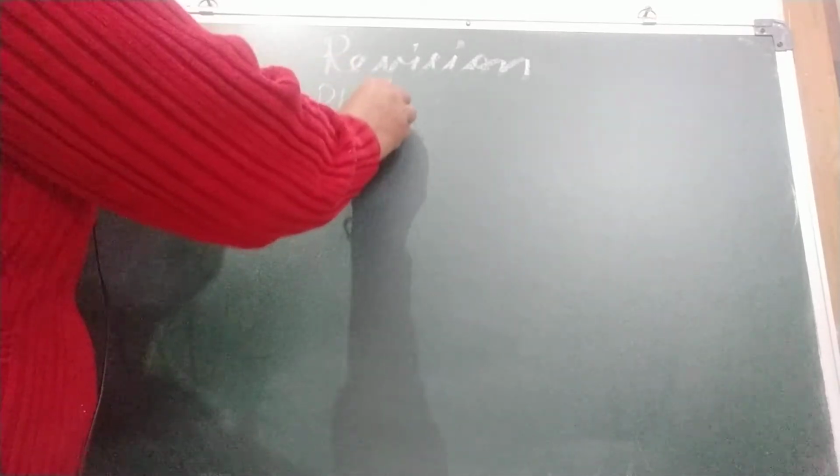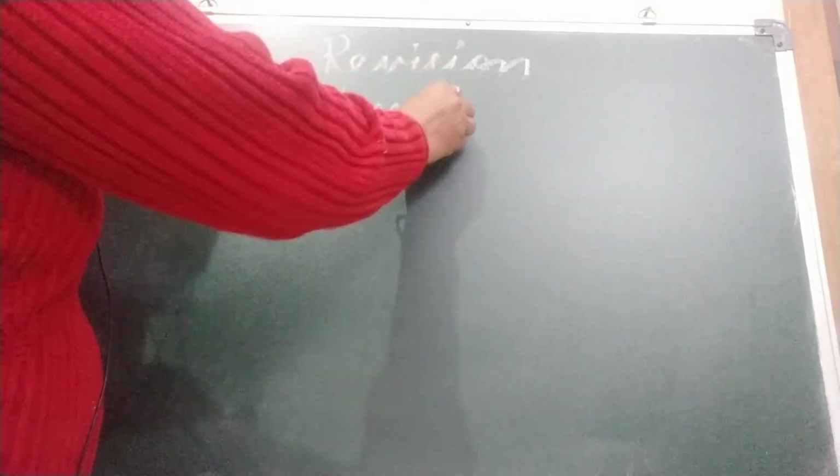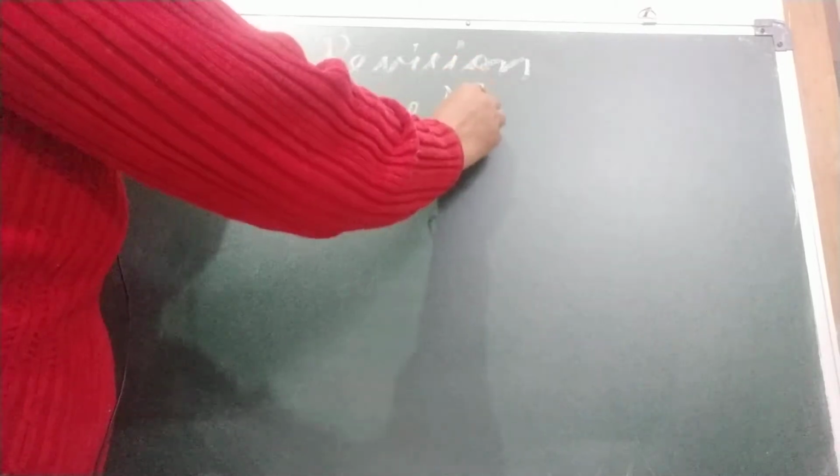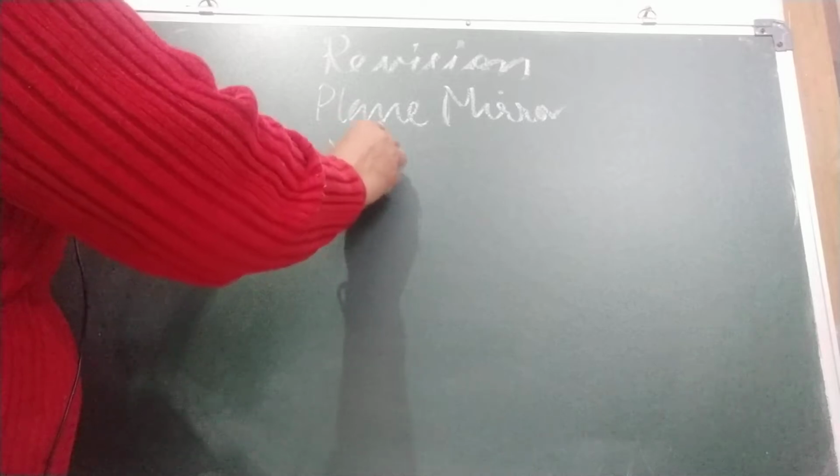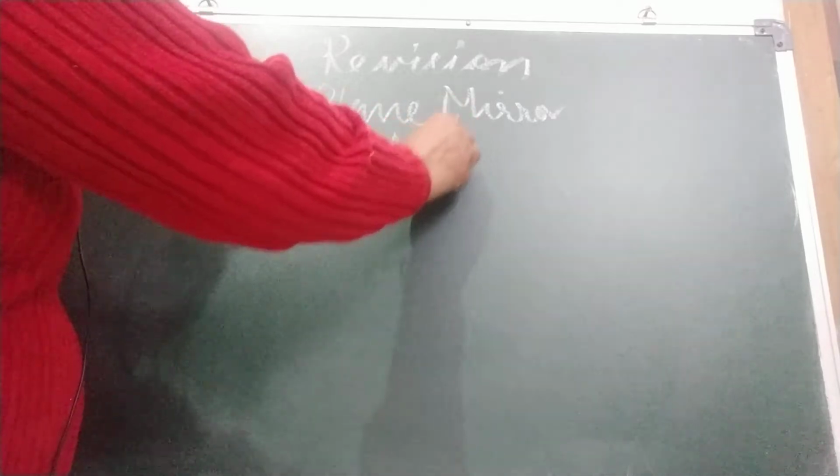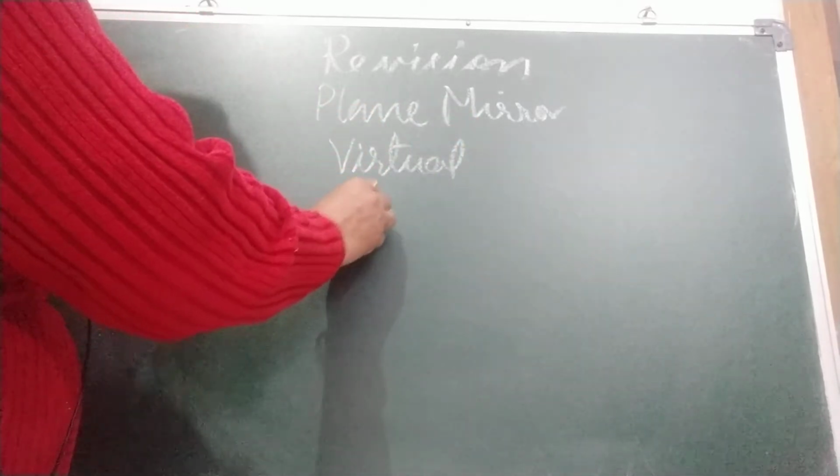Now we are coming to the characteristics or properties of the image formed by a plane mirror. So what are the characteristics? First, the image formed by a plane mirror is always virtual. As I told you, a virtual image is always erect.